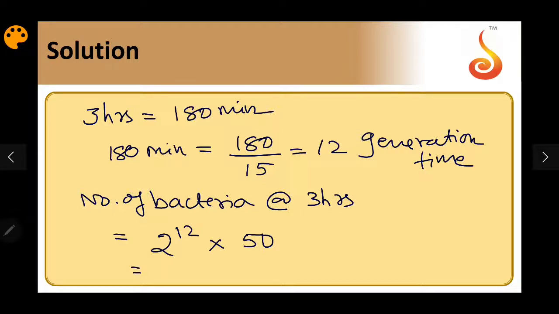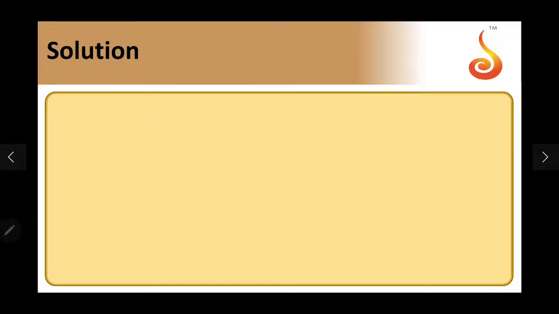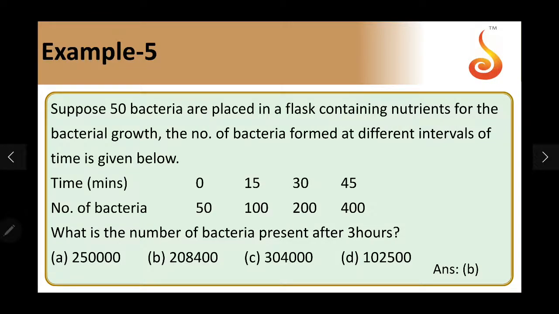If you calculate this, you get 204,800. This is the number of bacteria after 3 hours. So if I go to the options, it is B, 208,400. I think 204,800, it is 208,400. This is correct.